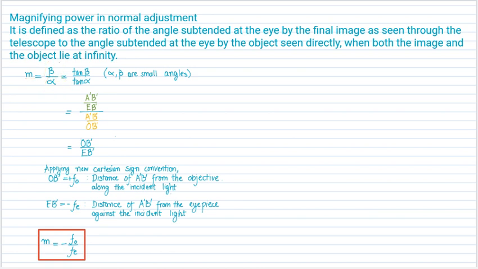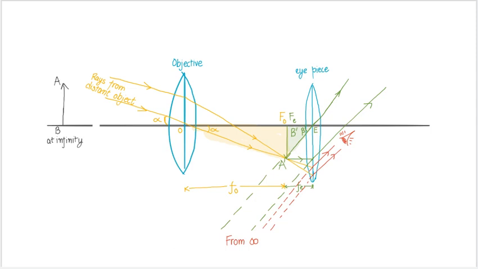Since alpha and beta are small angles, I can write beta as tan beta and alpha as tan alpha. Now let's go back to our figure and see what tan beta and tan alpha are.